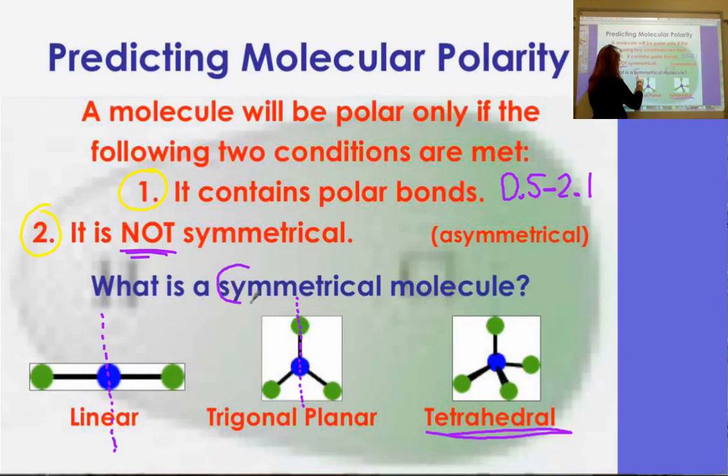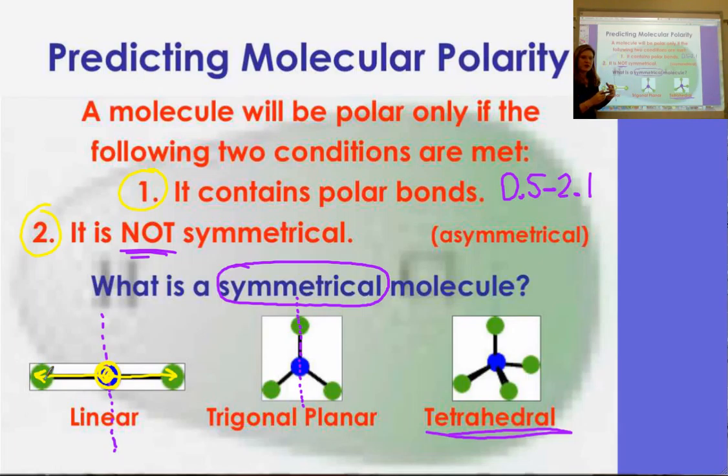So we may have to change what our mental definition is for if something is symmetrical in this particular case for these molecules. If it's symmetrical, again, we're thinking primarily about the central atom. If it's symmetrical, this central atom is being pulled in equal directions, and it won't move.